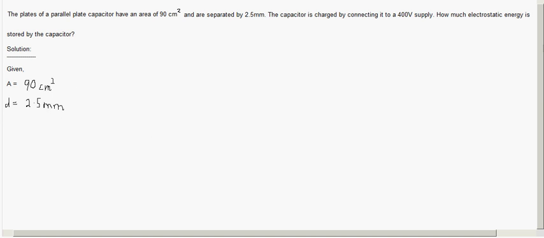The voltage of the battery is also given, 400 volts.